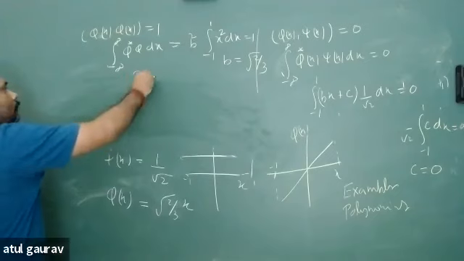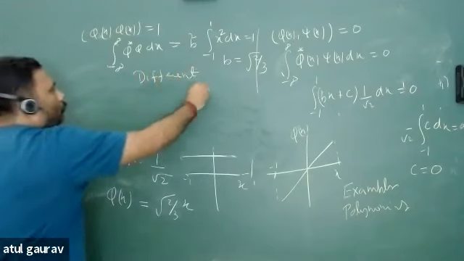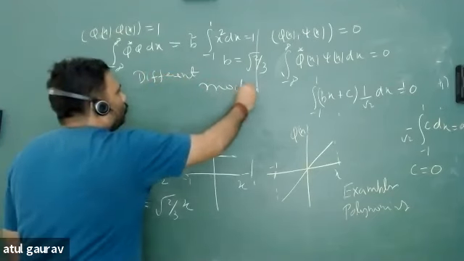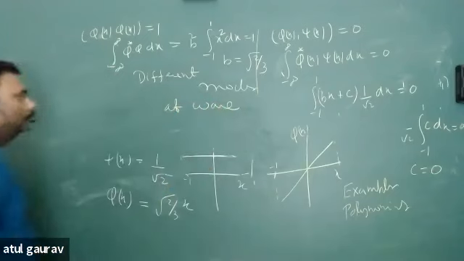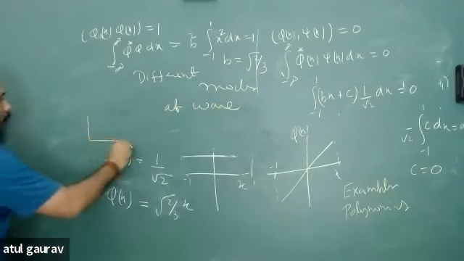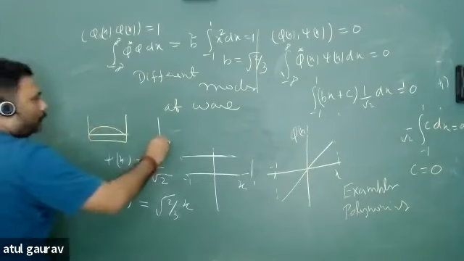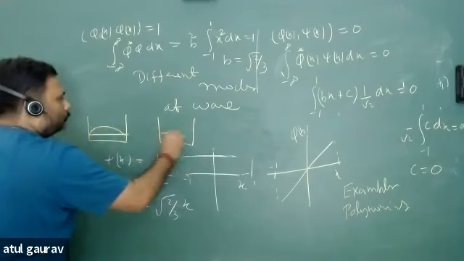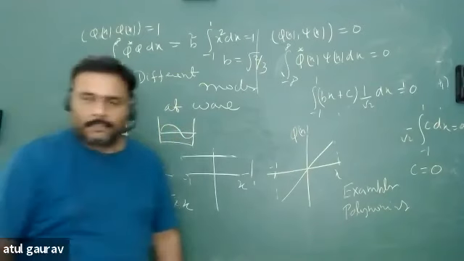Different modes. You have the fundamental mode, something like this. You have the first overtone, something like this. All are examples of Hilbert space.